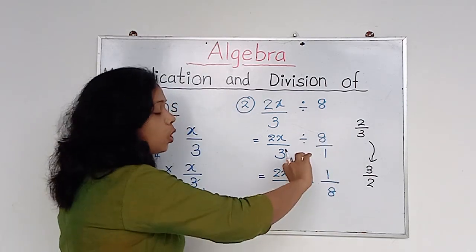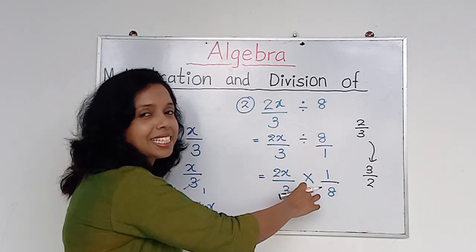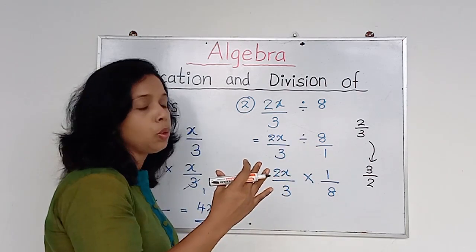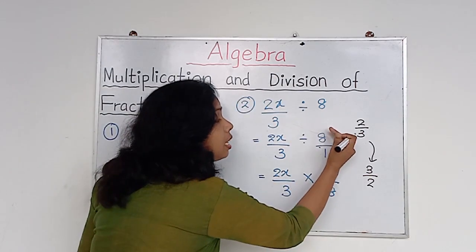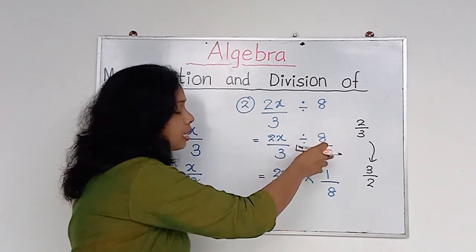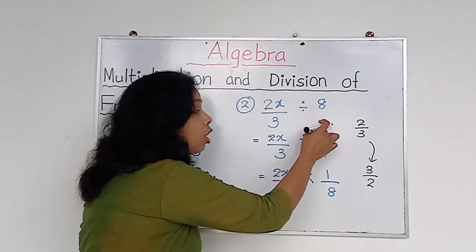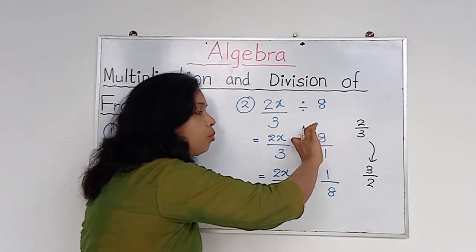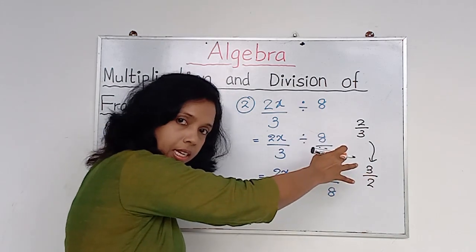Okay, likewise, when you convert this division into multiplication, the fraction which you have after the division sign, be mindful, you want to take the reciprocal of the fraction which comes after the division sign, right?